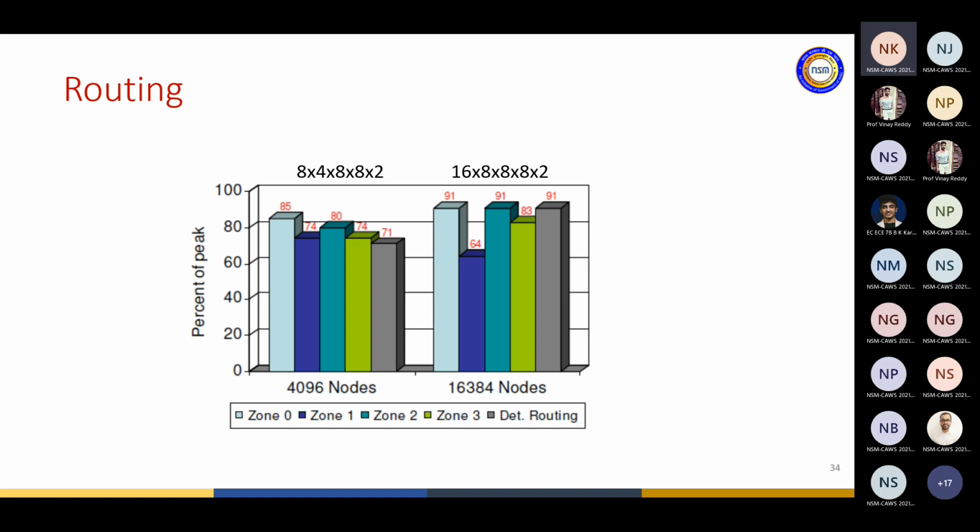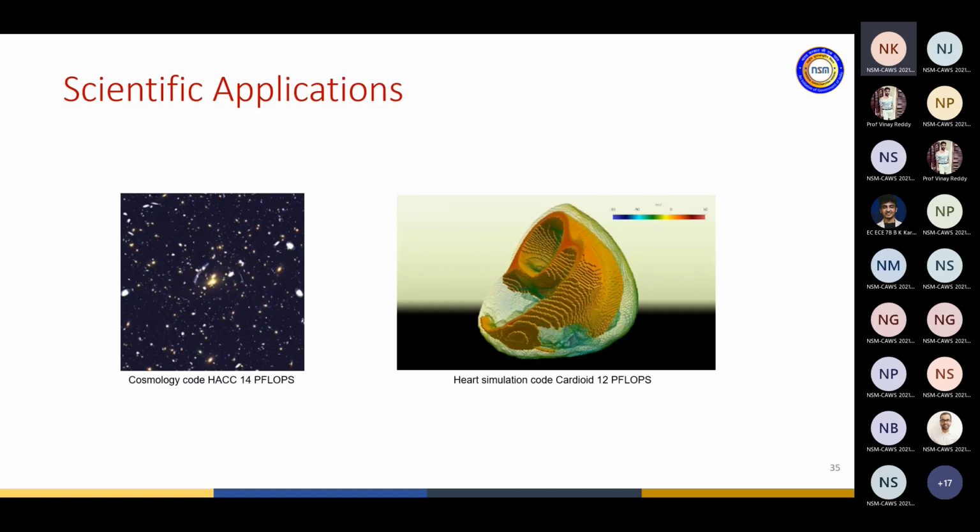All right. We are talking so much about supercomputers, 96,000 nodes. What do we actually do in these big, powerful systems? There are quite a few applications which are routinely run on these systems. These are science applications.